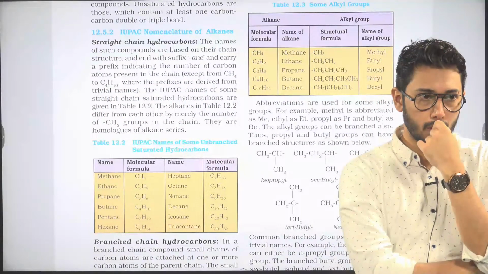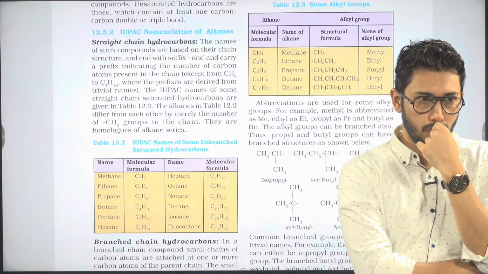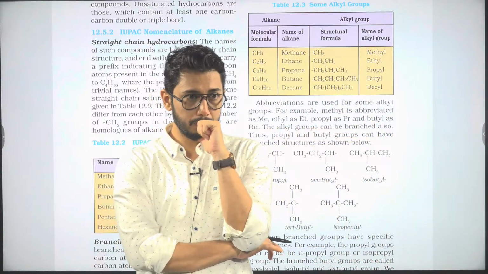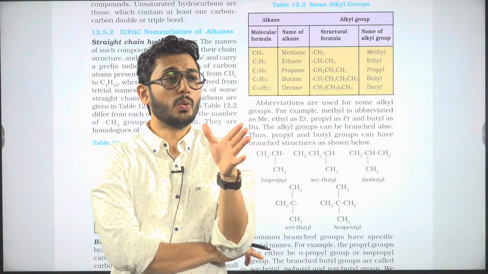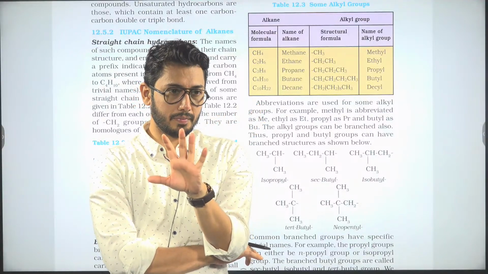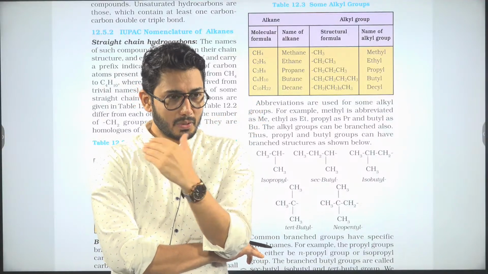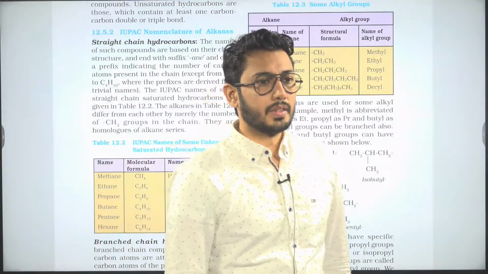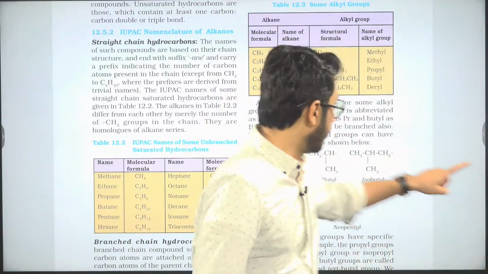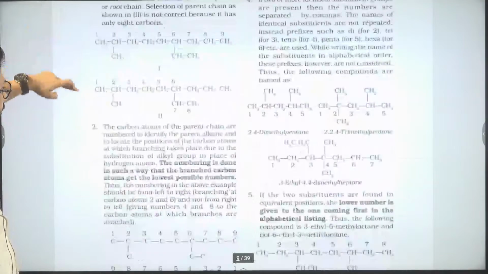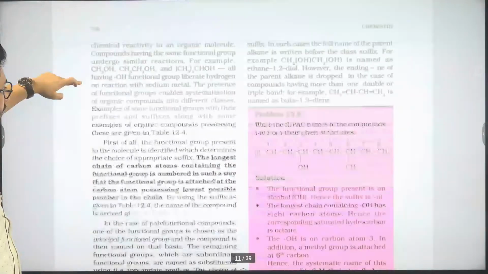Suffixes. Out of these, five students are saying root word, but root word means the number of carbon atoms in the parent chain, so that is already completed. Iso, neo, common naming, or suffixes and seniority order?